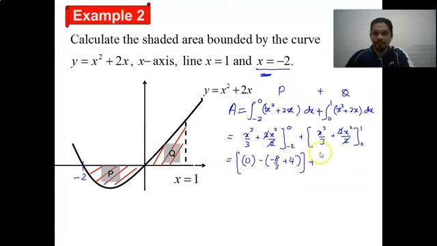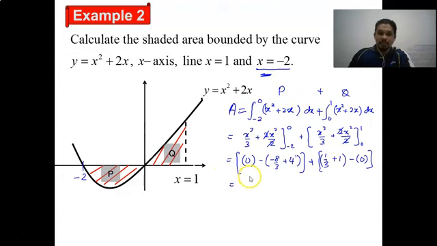Plus, now 1 cubed equal to 1/3, plus 1 squared equal to 1, minus 0 cubed divided by 3 equal to 0, and 0 squared is also 0.